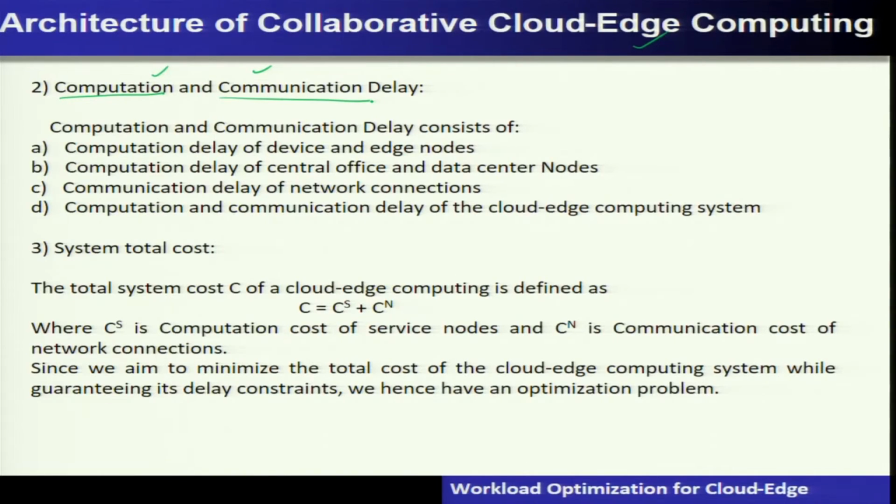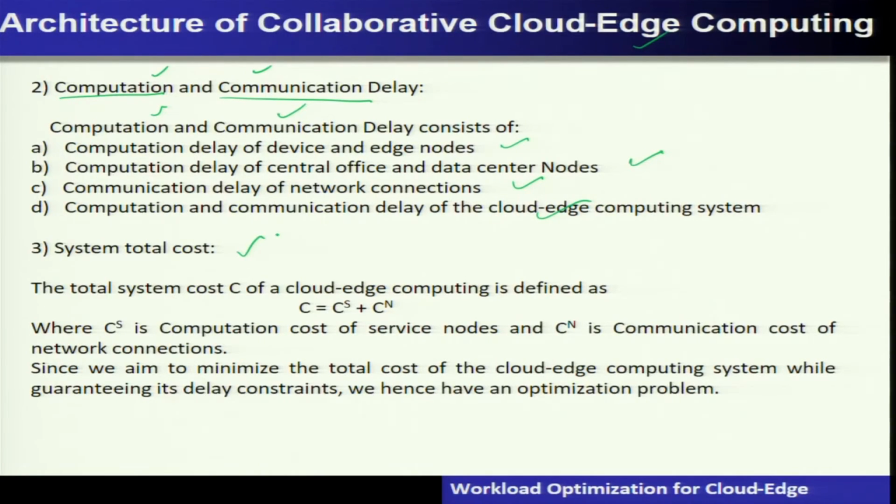Similarly, for horizontal offloading or vertical offloading, there also exists a communication delay. So, the computational and communication delay consist of the computational delays of the devices and the edge nodes, the computational delay of the central office and data center, the communication delay of the network connections, and the communication delay of the edge cloud system.